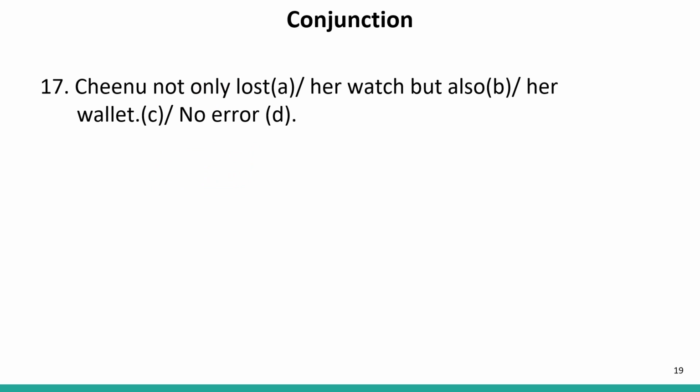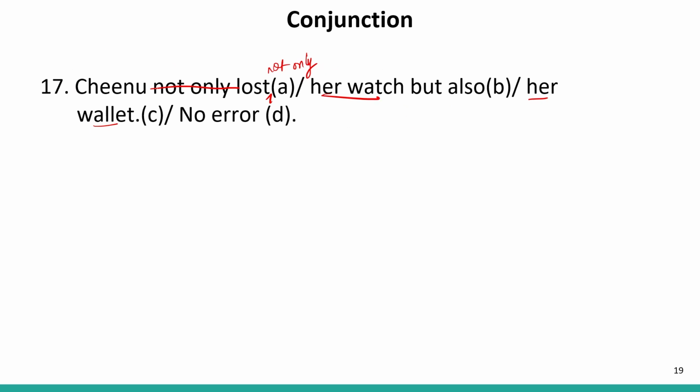Chinu not only lost her watch but also her wallet. As we have already learnt about the position, therefore, not only should come after lost, because she lost her watch and wallet. So these are the two things which are included.